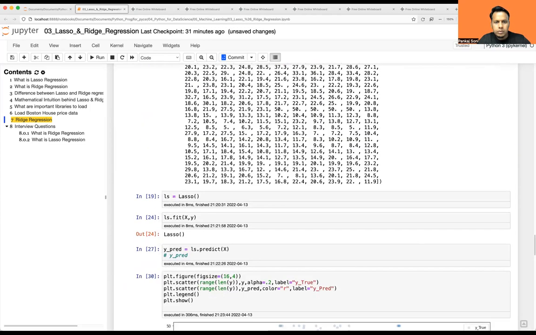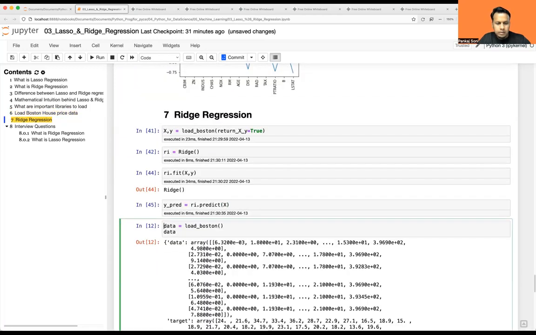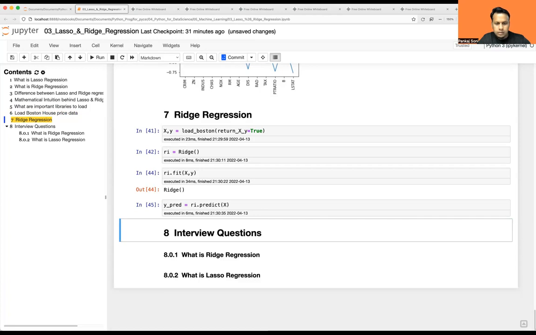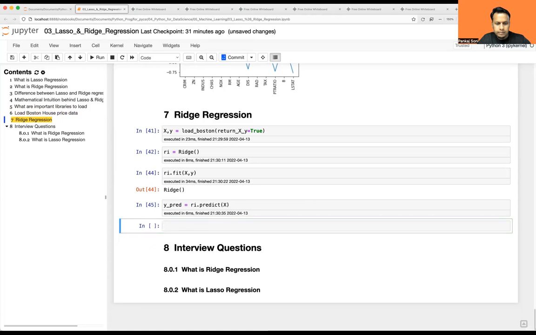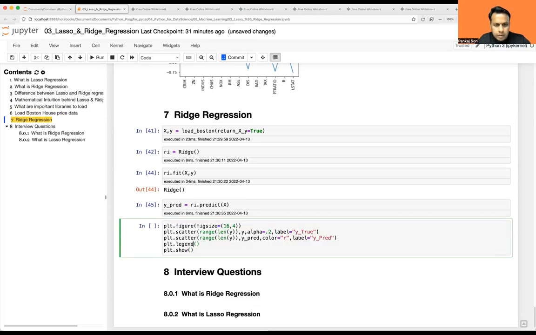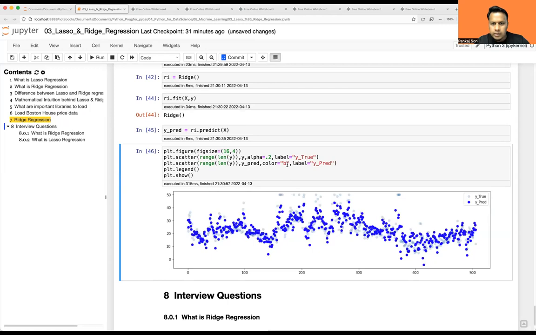Okay, now let's do this plotting. How does it look? Yeah, so here we have this prediction, and this time I'll go with blue color. Okay, maybe I'll give green.